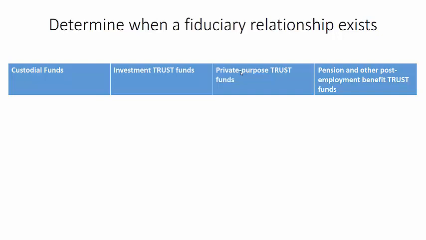Again, public purpose. When we had those types of funds, those were included in the statement of net position at the government-wide level and the statement of activities at the government-wide level. But here what we're looking at in this chapter is different. These are fiduciary funds, and they are only reported in the fiduciary fund financial statements.